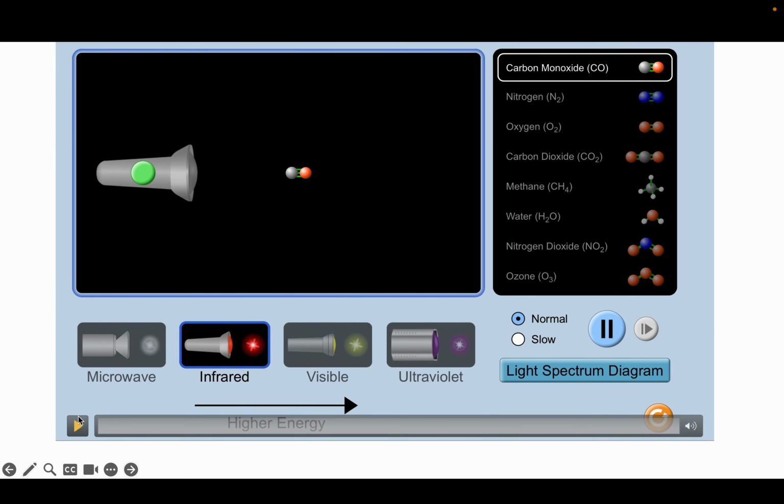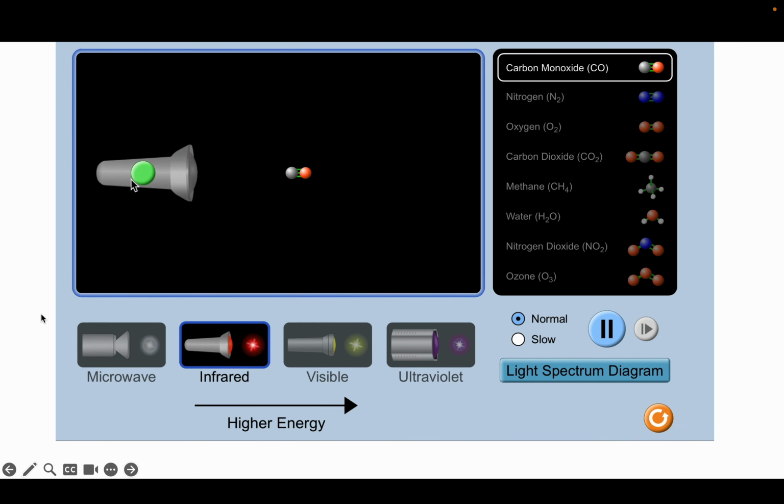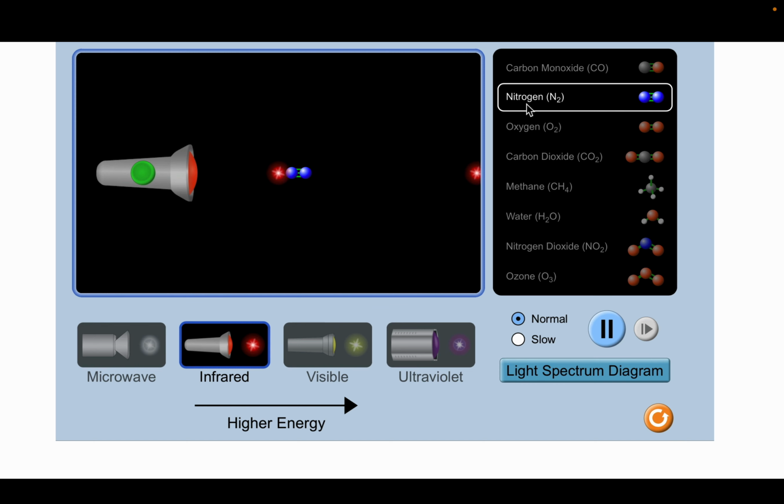Finally, let's test the infrared. Same thing. Let's use the sim to collect some data. Okay, I'm seeing a response from the carbon monoxide. Nitrogen. Oxygen.